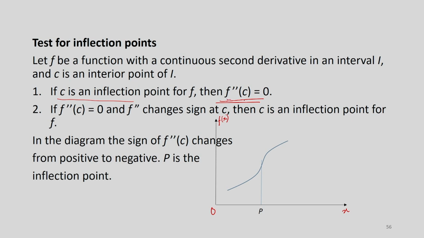So, this is a necessary condition, this is not a sufficient condition. Now, you might be wondering why we are focusing on this particular form of a condition, f double dashed of c is equal to 0.